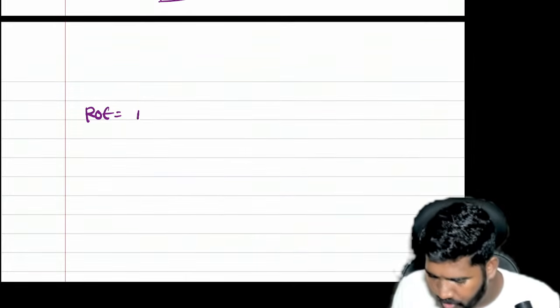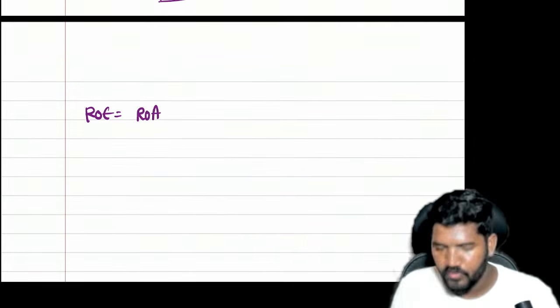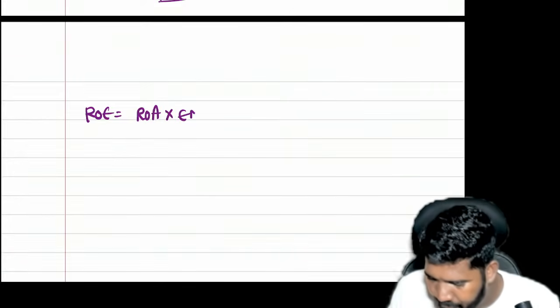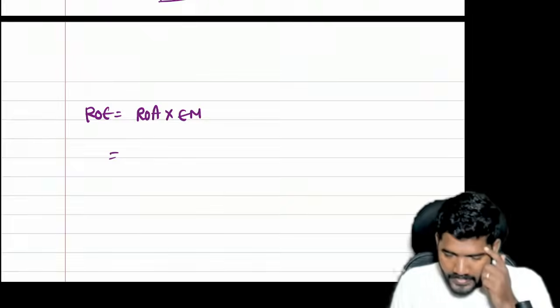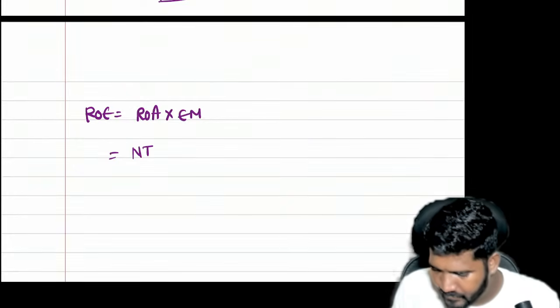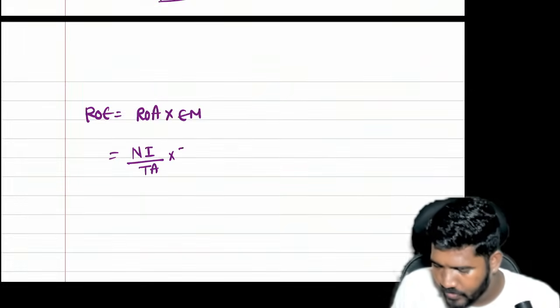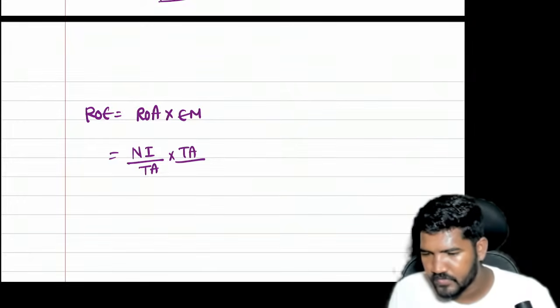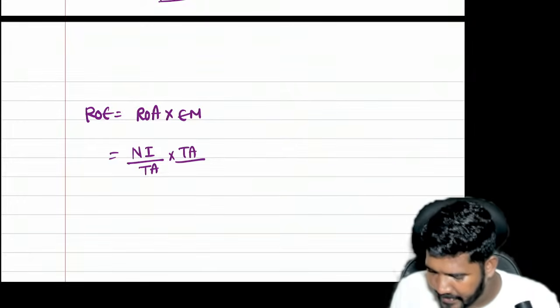So I have return on assets and I already calculated the equity multiplier. Return on assets is net income divided by total assets. Equity multiplier equals total assets divided by equity.